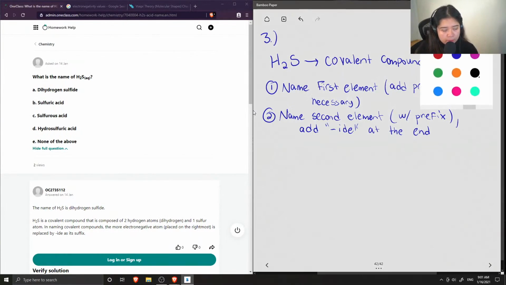Okay, so I'll also quickly write down what all the prefixes are.